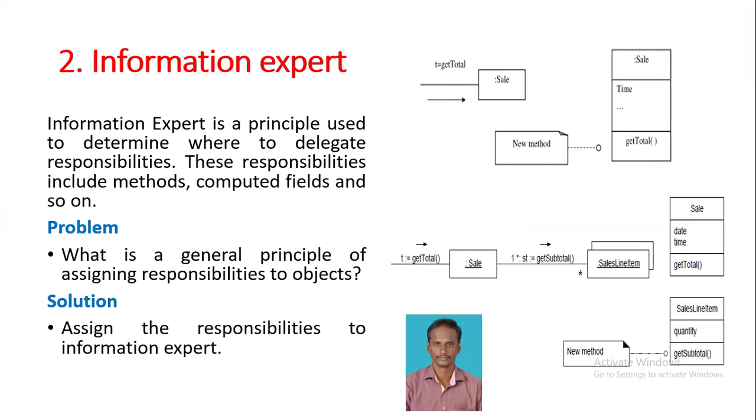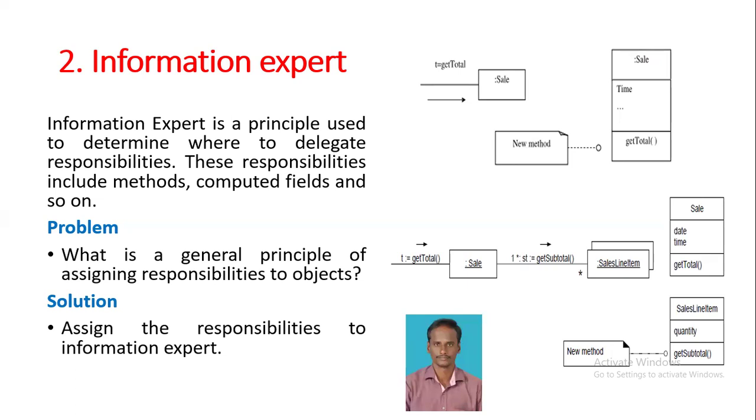If we have a method called getTotal in the Sale, we cannot say that we have only one total, because if we have purchased many items, we need all the subtotals. For example, if you are buying one particular face cream, the quantity may be 3 or 4. For a face wash, the quantity may be 4. Suppose you have purchased 10 items with different quantities. You need to know the subtotal of all the items based on the quantity, then sum them up to get the entire total.